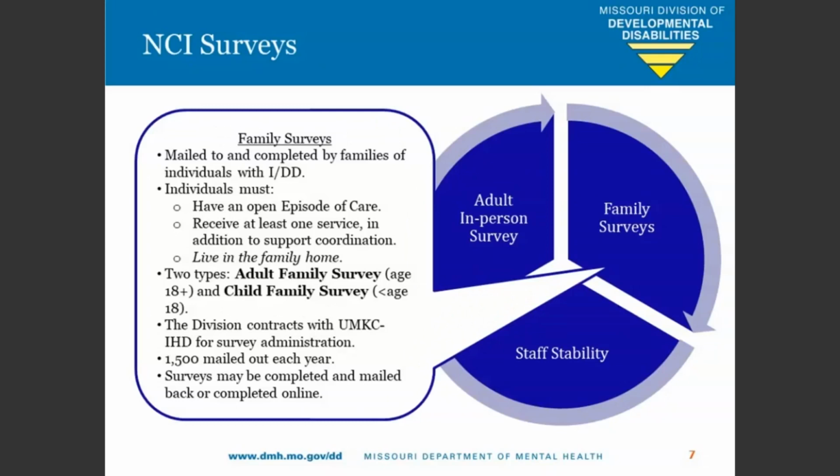Then we have the family surveys, and there are two kinds. There is the adult family survey, which is sent to the families of adults with IDD, age 18 and over. And there's the child family survey, which is sent to the families of children with IDD.